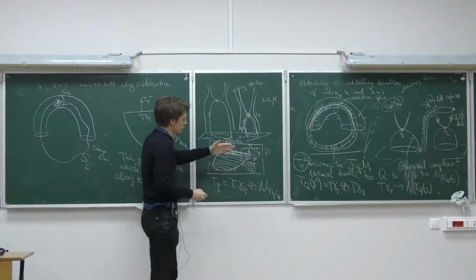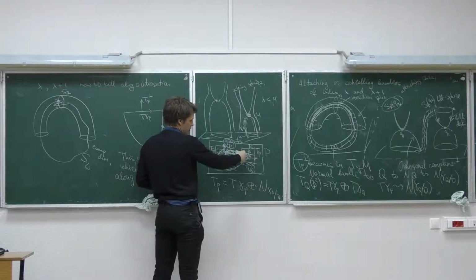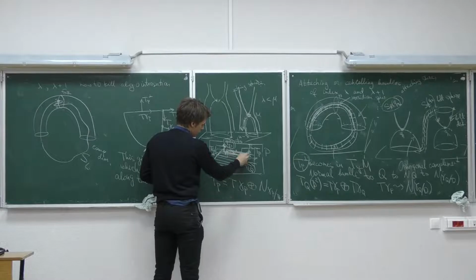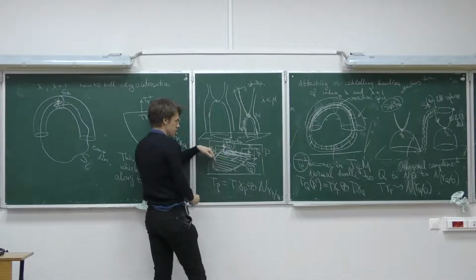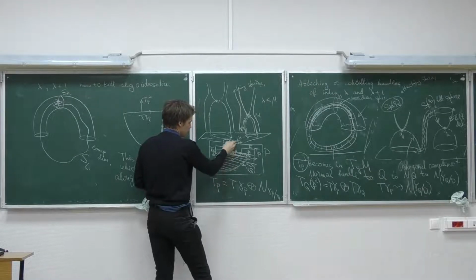So you want now to take your variety P and to move it gradually, along the direction of the disk, and to lift it in the direction of TP.